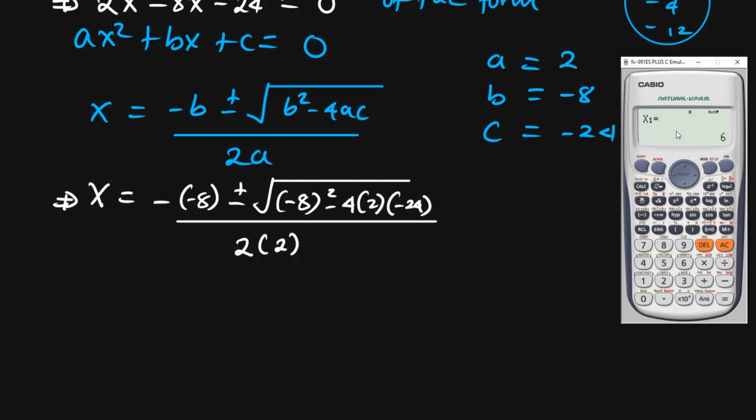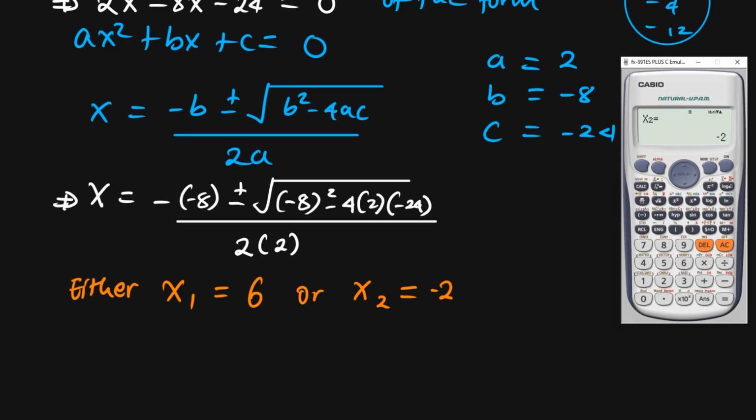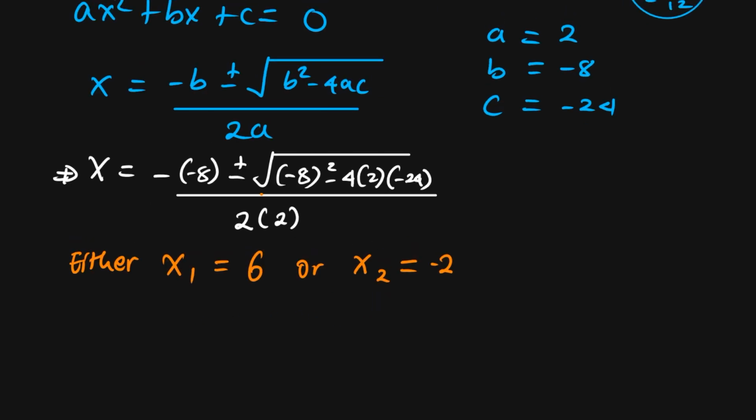So the value of x1 equals 6 and the value of x2 equals negative 2. So either x, which is x1, equals 6, or x, which is x2, equals negative 2. Let's use these values to obtain the values of y.